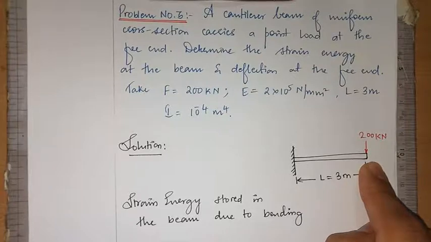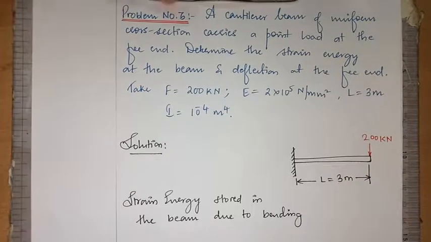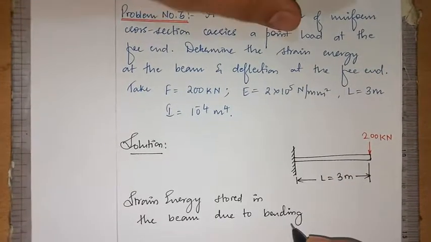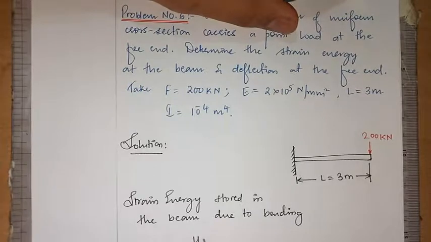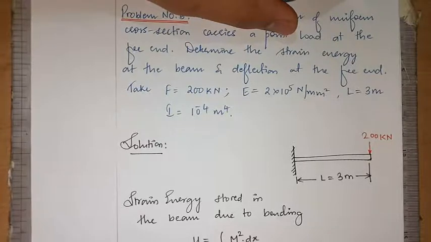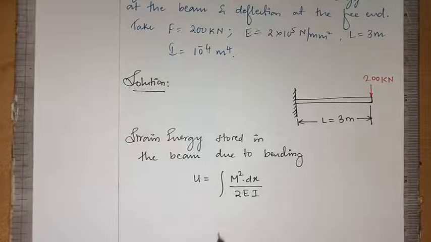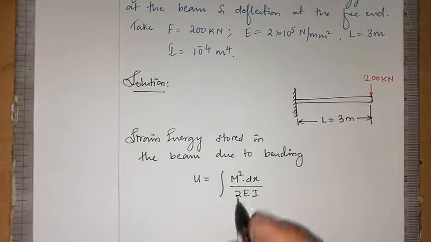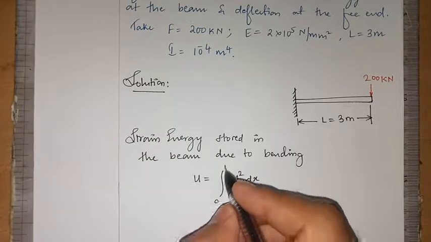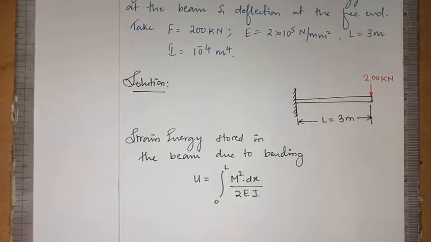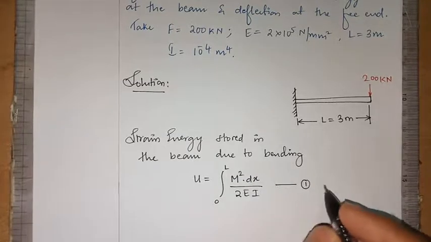So that is given by U is equal to integration of M square dx divided by 2EI. So that is the strain energy stored in the beam due to bending, and it is for the entire length 0 to L. Right, now I'll take this as equation number 1.